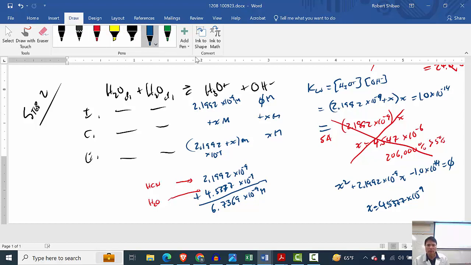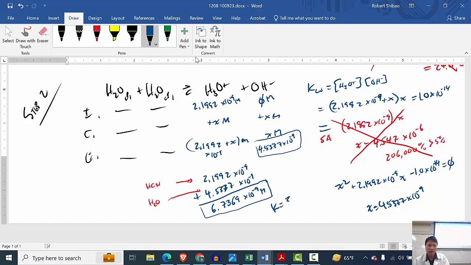But let me double check in case I made a mistake with the calculation. So I'm going to get 4.5377 times 10 to the minus 9 molar hydroxide. And so we need to multiply these two concentrations to see what they come out to. So 6.7369 times 10 to the minus 9 times 4.5377 times 10 to the minus 9 equals, oh, I made a mistake.